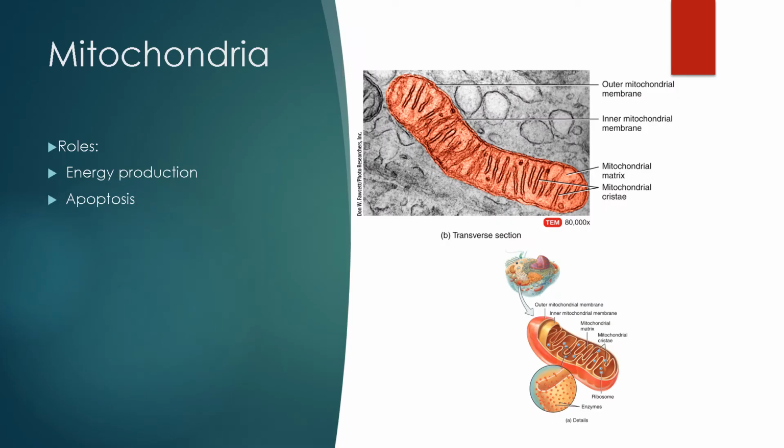Now, the next organelle we're going to discuss is the mitochondria. This is known as the powerhouse of the cell, and this is because most of the energy in the form of ATP is going to be created in the mitochondria, and this is usually through aerobic respiration, which we will discuss later.